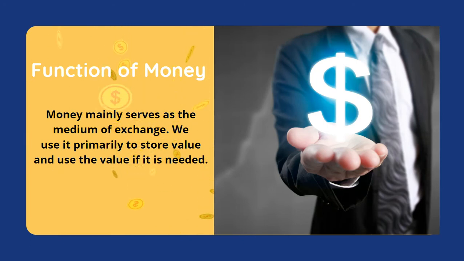So, imagine using other item as a medium of exchange. For example, the medium of exchange you use is fruit. So, fruit as a medium of exchange would be a terrible idea.